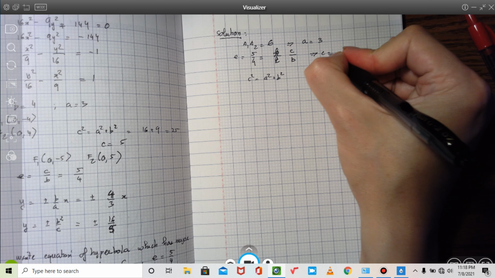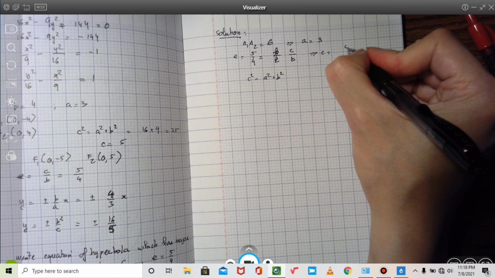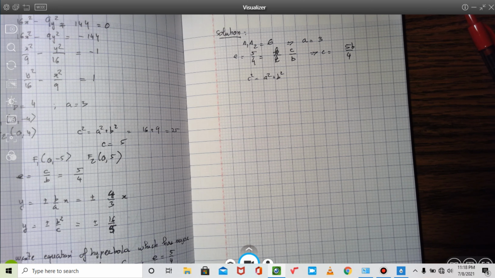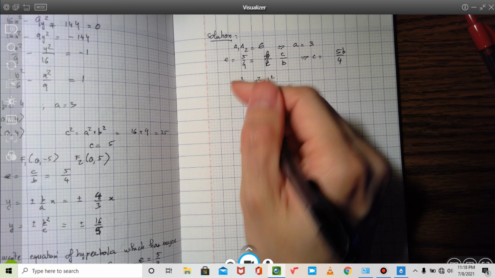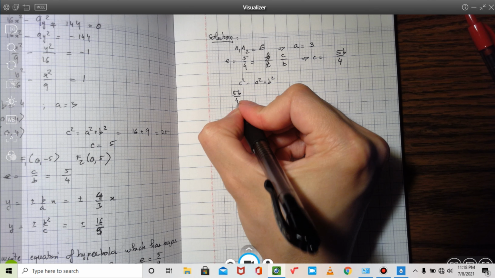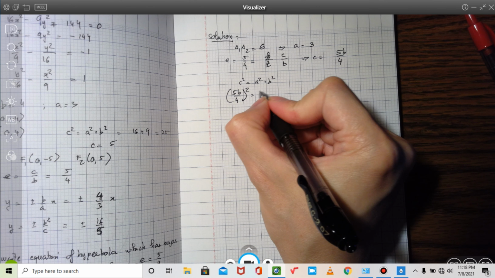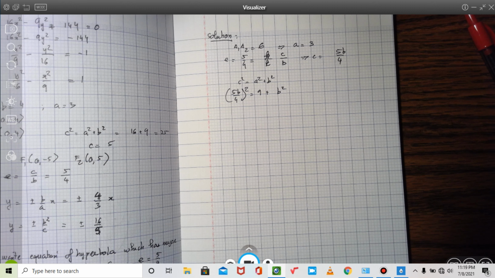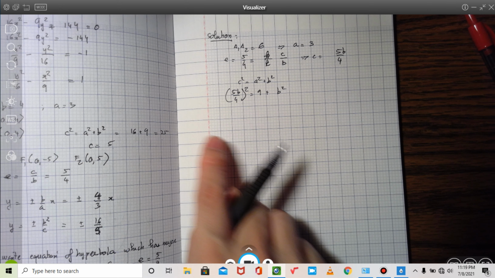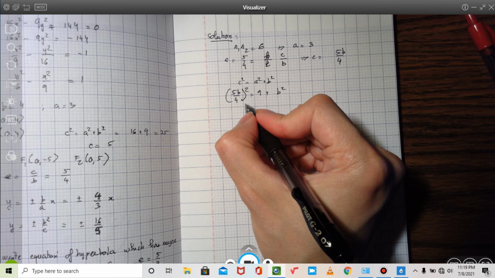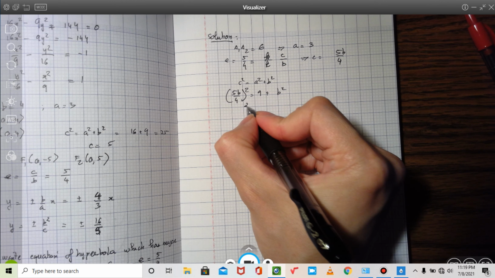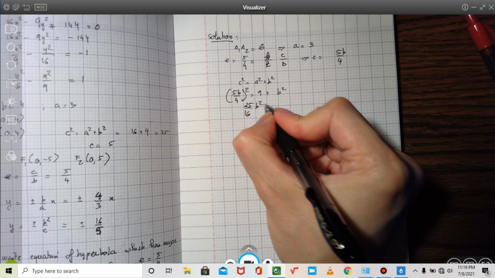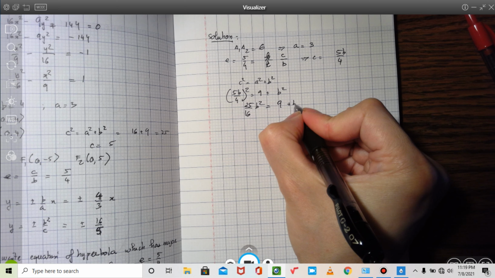You do cross multiply, so c could be 5b over 4, right? Then you plug in here, so we have 5b over 4 squared equal a squared, which is 9, plus b squared. So from here I can solve for b. 25 over 16 b squared equal 9 plus b squared.